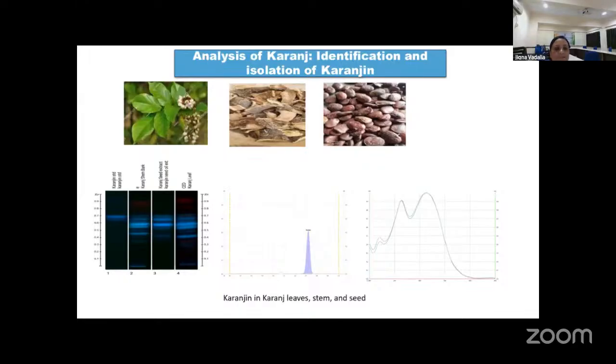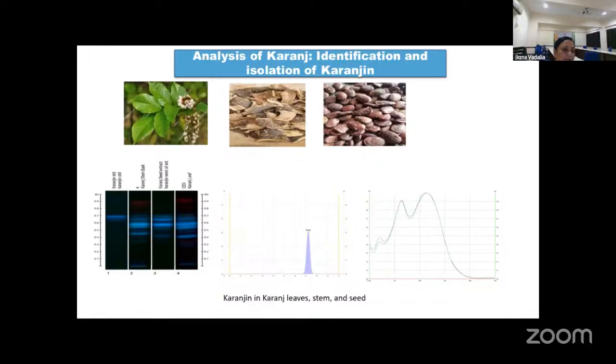After the column chromatography we get many fractions. Those fractions we evaluated on the HPTLC, and with the help of TLC-MS. TLC-MS is an interface. With that interface we are able to scrape any band.